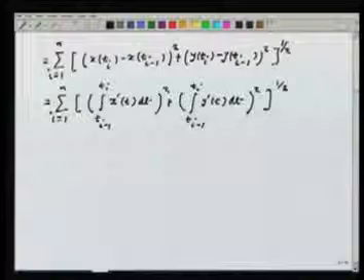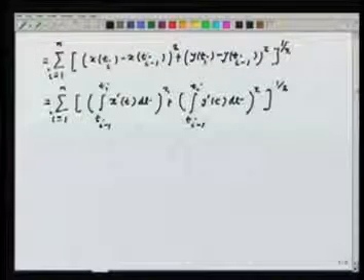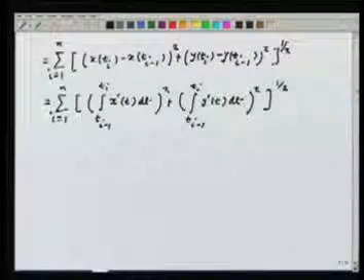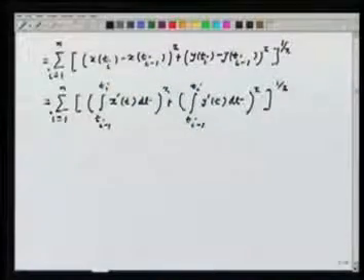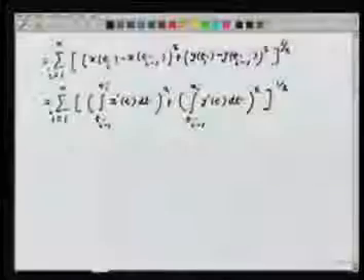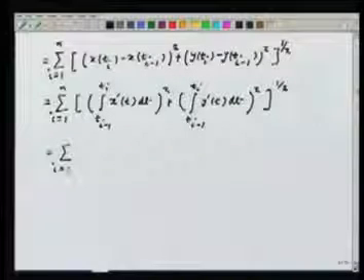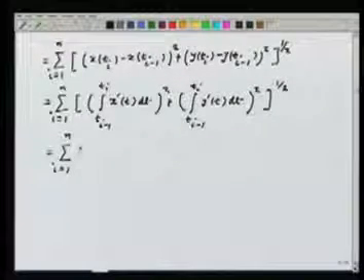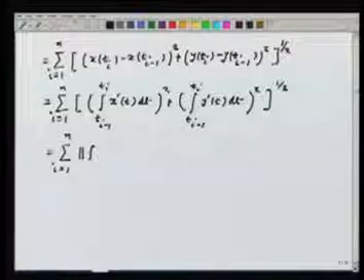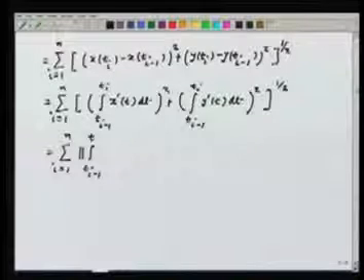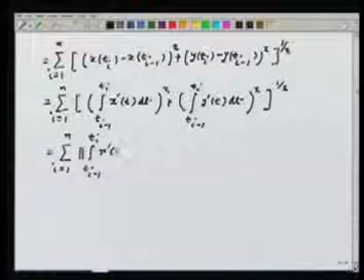Now what does this mean? If I view t going to (x prime t, y prime t) as a vector valued function, whatever is written here is the norm of the integral of r prime t. So this I can write as summation i from 1 to n norm of integral t_{i-1} to t_i r prime t dt.